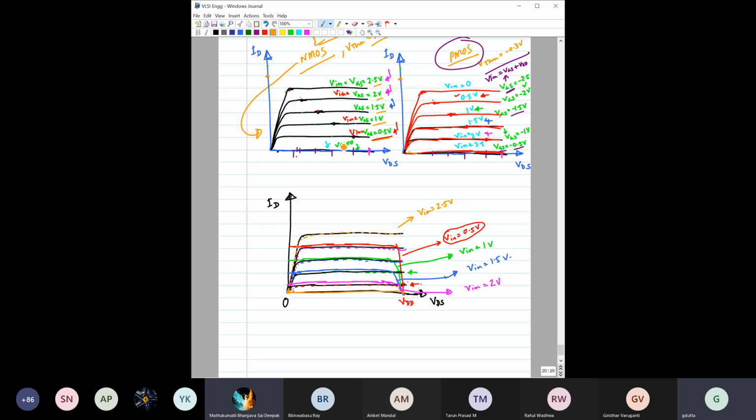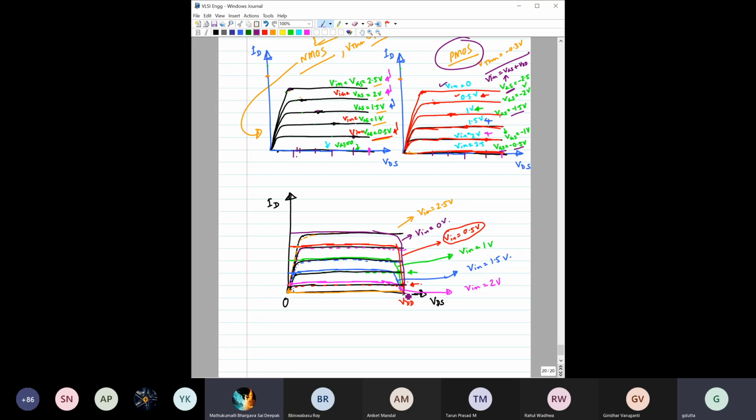Okay, I think we have missed one point, which is for VGS equal to 0 or Vin equal to 0. So for Vin equal to 0, for NMOS the characteristic is like this, right? But for PMOS, for Vin equal to 0, the characteristic is this one. So that way we have the characteristics like this, right? And basically it will intersect here, right? So as you can see, this is for Vin equal to 0 volt.